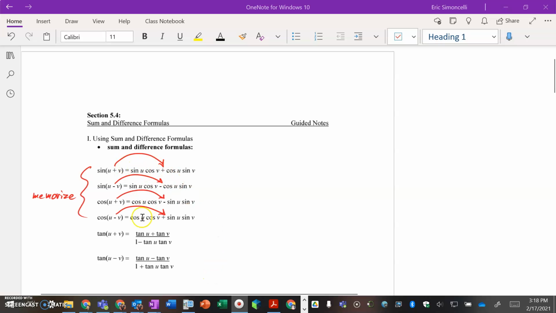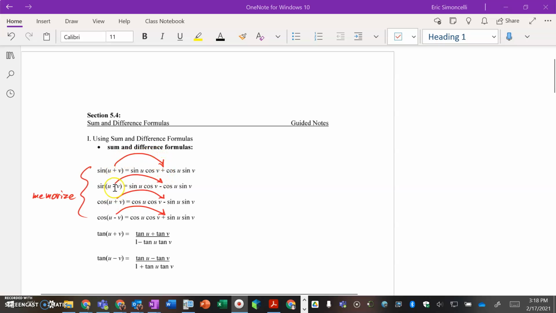As far as these first four again, though, go, we have the sine of an angle u plus another angle v. You're going to be able to rewrite this particular sine of that sum as such: sine of u times cosine of v plus cosine of u times sine of v. Now I've pointed to the plus sign here because the plus sign here is the same as the plus sign there.